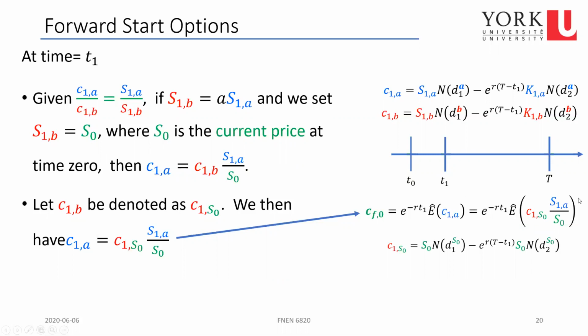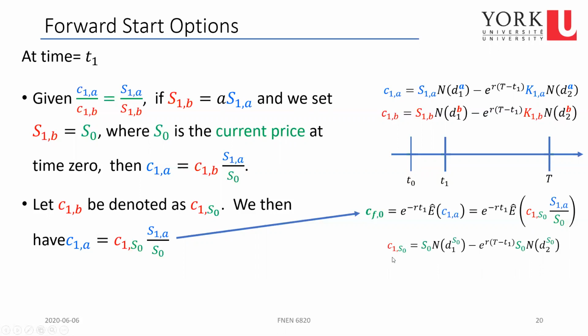But this S naught is not a random price, it is the realized price that we currently see. Because we have S naught, this part is actually no longer random, because we can price it this way.